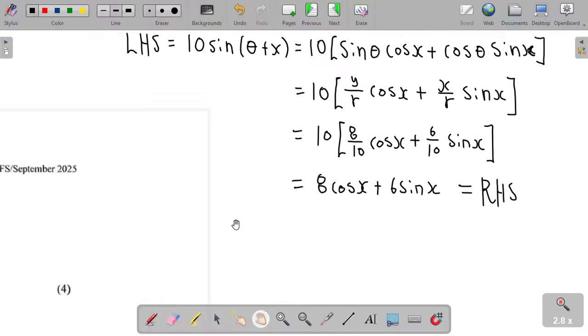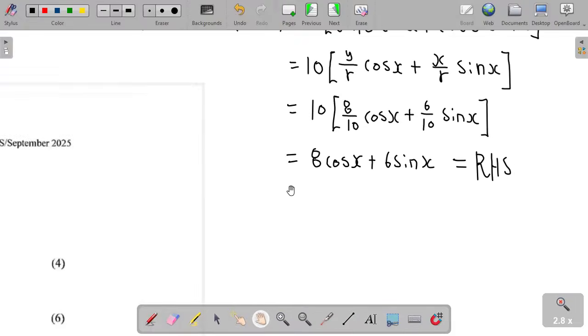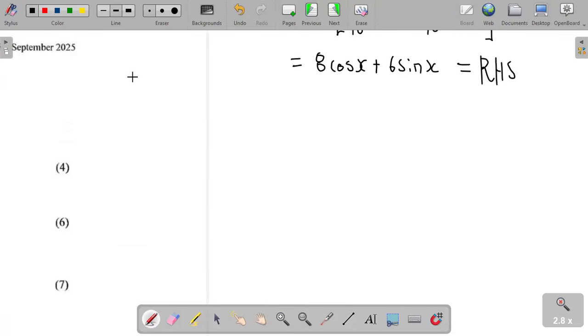And then 5.1.2, what are we required to find?